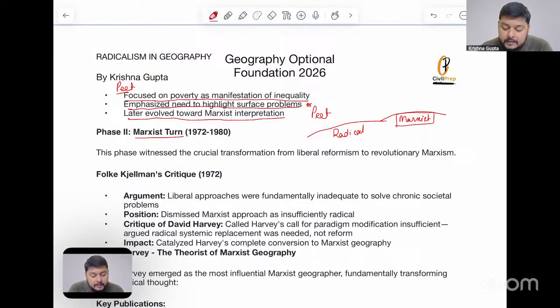The Marxist perspective that came into geographical studies came out of Peet's work. So Peet is an important geographer who helped in the development of Marxist thought within or out of radicalism.